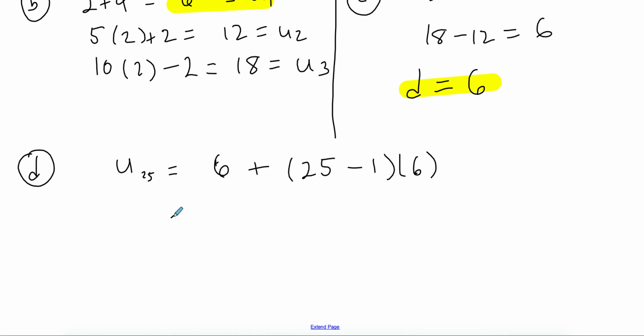And then we simplify: 25 minus 1 gives you 24, so 24 times 6 would be 144, and then that plus 6 gives you 150. So the 25th term is 150.